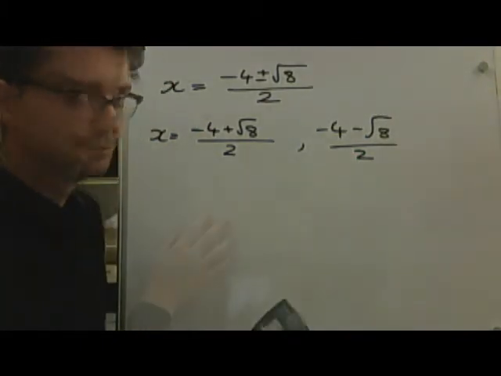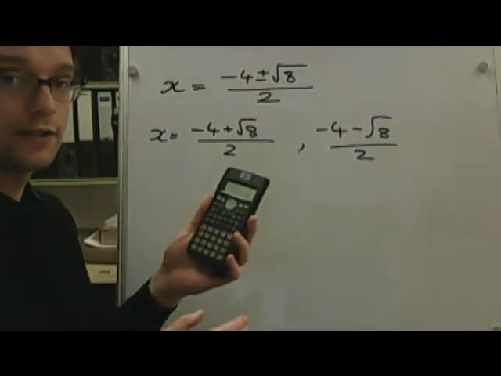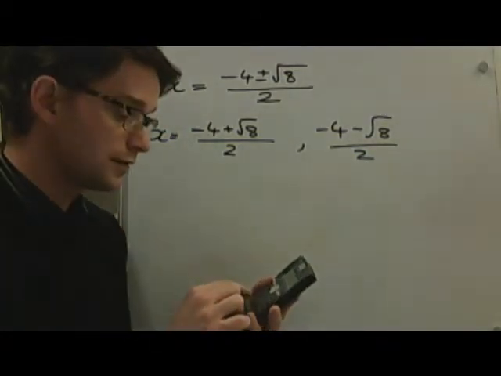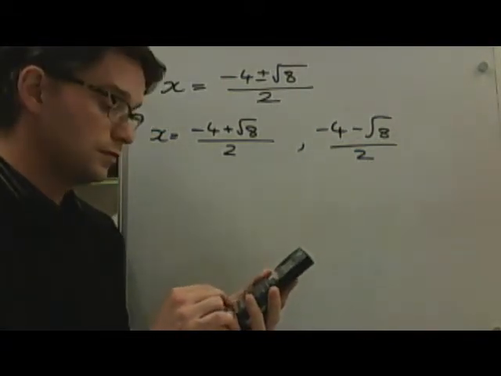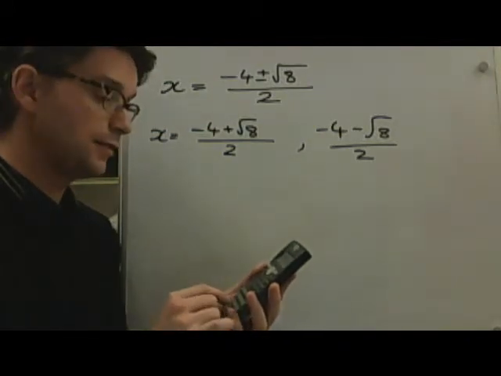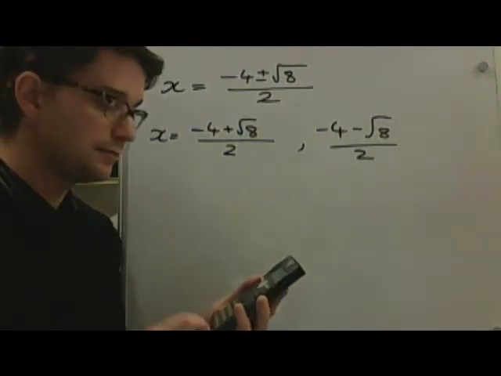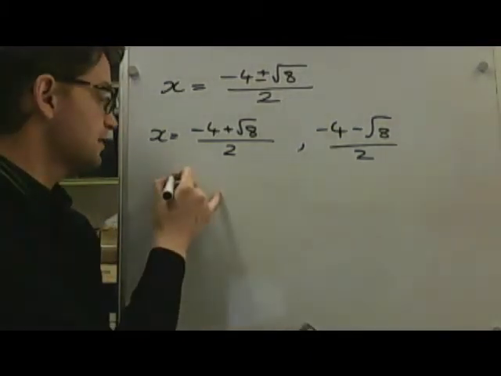So I'll do that now. Take my calculator. I'm going to do minus 4 plus the square root of 8, and I'm going to divide that by 2. And I've been careful to put brackets in and make sure I get a sensible value out that does actually match what I want.